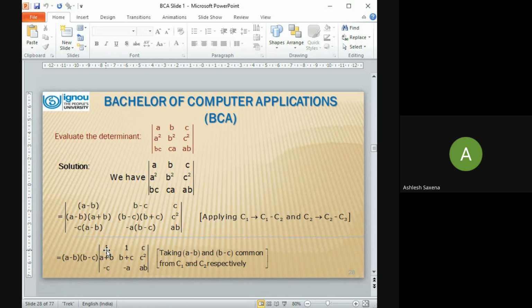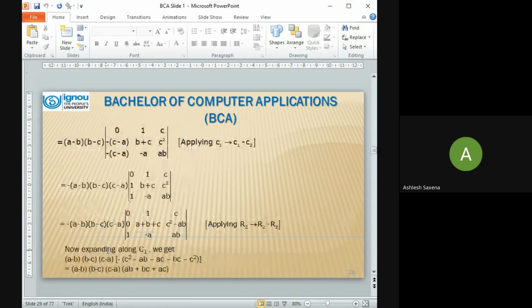Subtract it. After subtracting, you will get this. Whatever is common, take it common. After taking out the common part, you are left with this now.